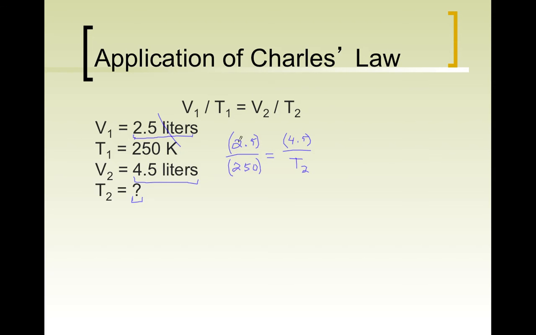Alright, so this is what is called a proportion, a relationship or comparison between two fractions, and these fractions are set equal to each other. In order to solve that, I would cross multiply. So I'm going to multiply the 2.5 times the T2, and I'm going to multiply the 250 times the 4.5.